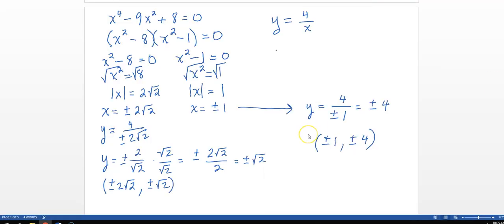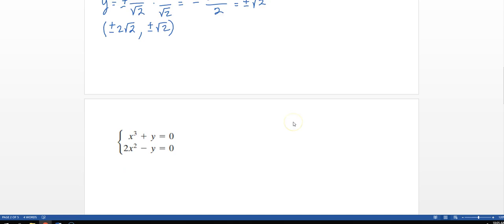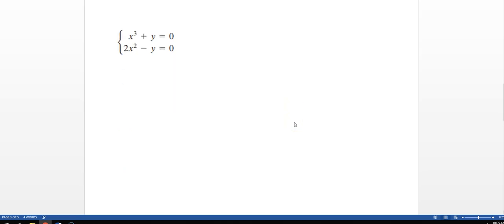All right, let's move on to number 2. In this situation here, I see that I have a cubic function. So this represents a cubic function. Well, let's call it a cubic equation for now, instead of a function, it is going to look like a function.